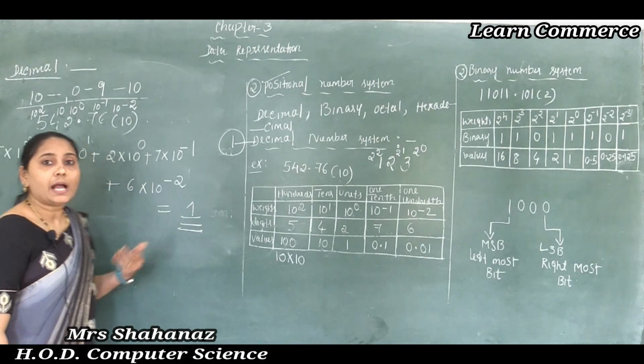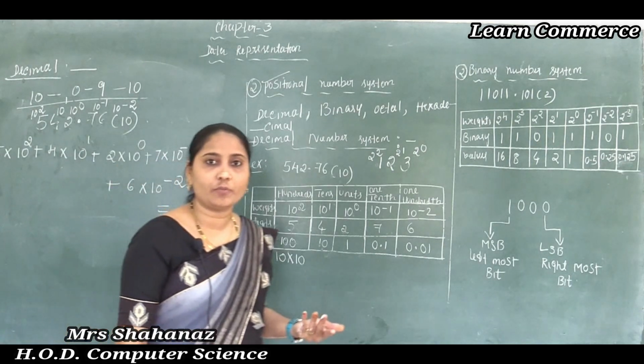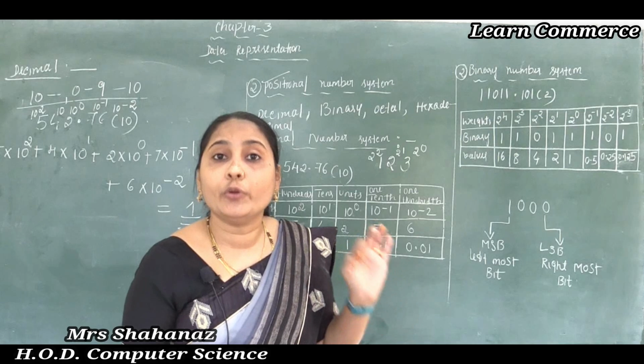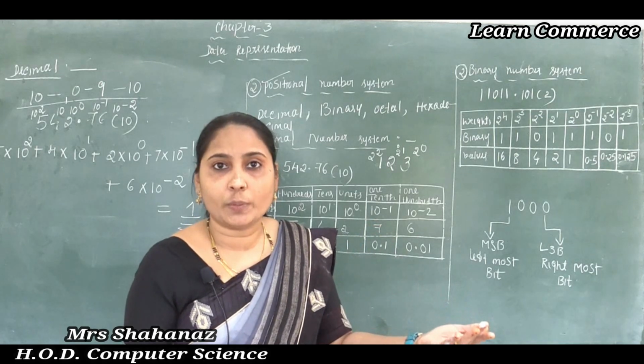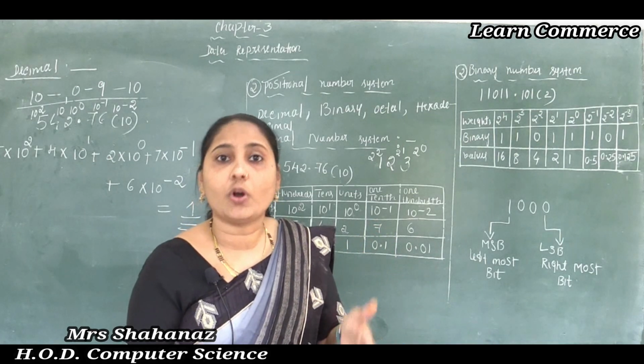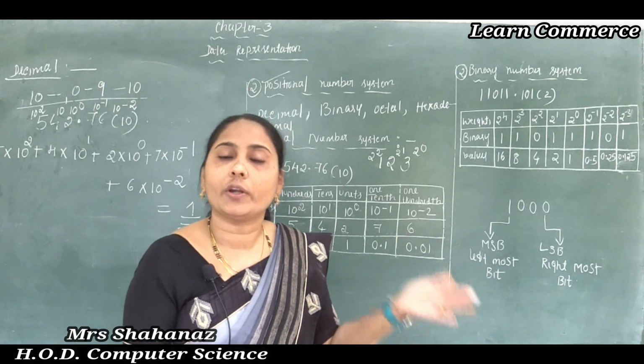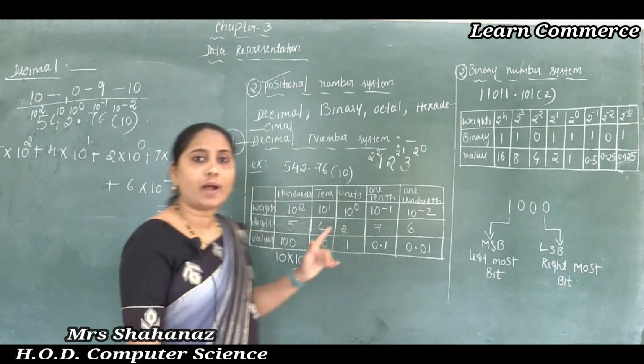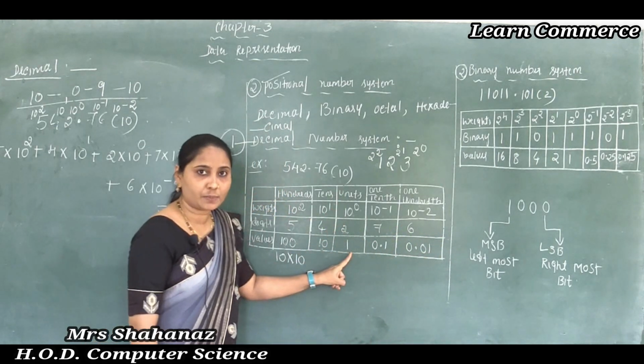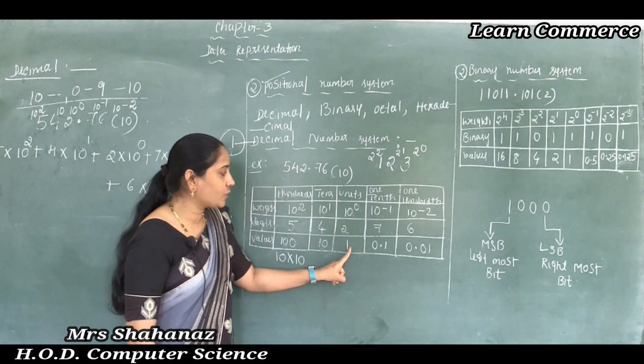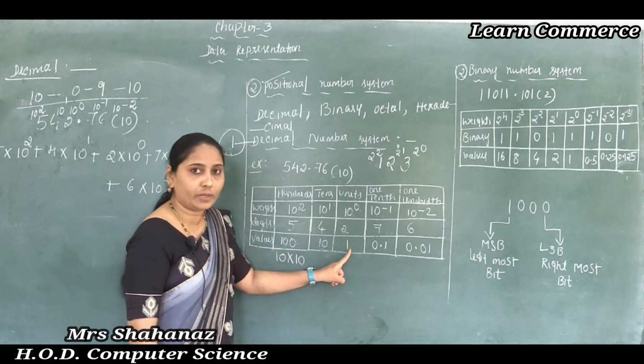Is that understood by everyone? It can be any position value. The position value is the unit value, that means 16 to the power of 0, 8 to the power of 0, 2 to the power of 0, or 10 to the power of 0. Always the value is 1 only. Clear this point here? So this is the units value. 10 to the power of 0, the value is 1 here.